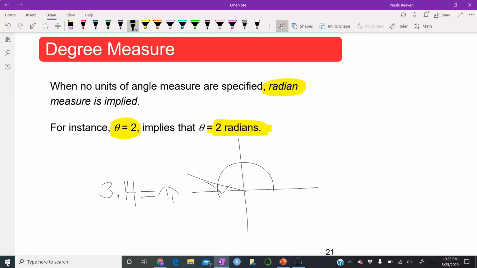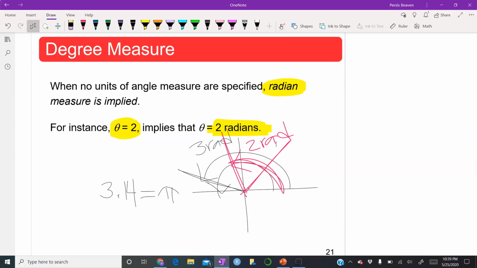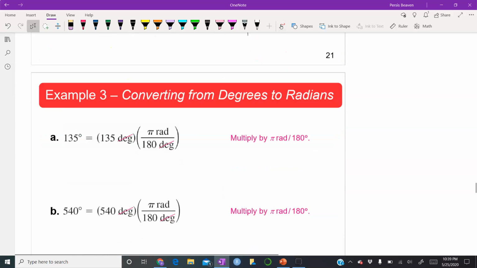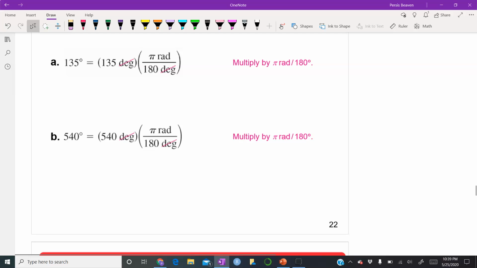So this is supposed to be 3 radians. So 2 radians should probably be, I don't know, maybe from here to here. That will be 2 radians. If you're in doubt, you could always convert to degrees and see if you're correct.